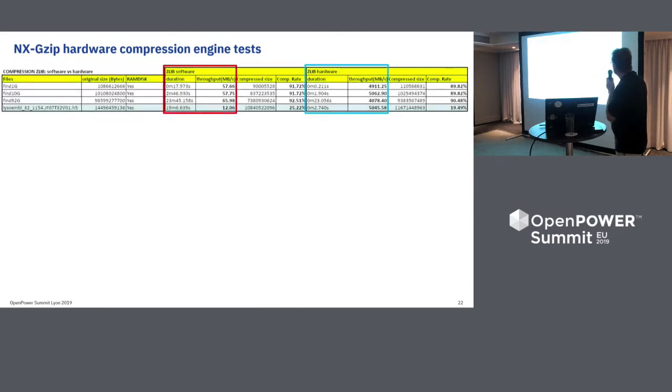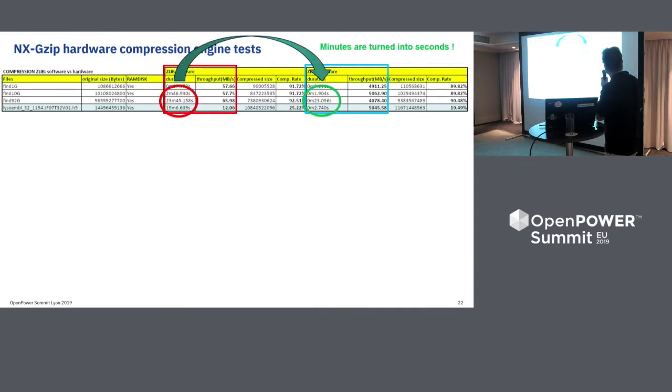So one good thing to see is Fabrice took a 1 gigabyte file, a 10 gigabyte file, and almost 100. Why not 100? Because he was using a RAM disk just to avoid suffering from the disk access. And what is very interesting is that we are observing that minutes are turned exactly into seconds.